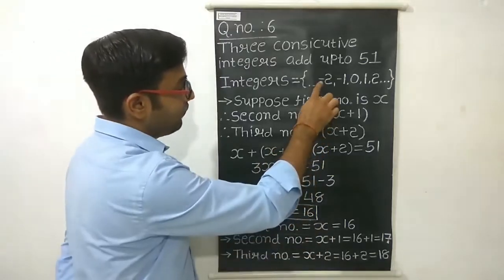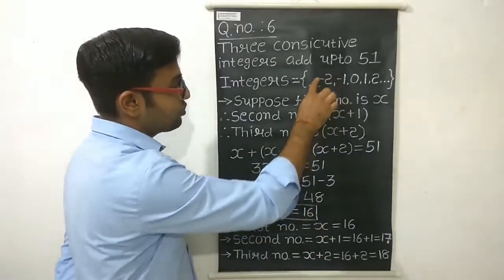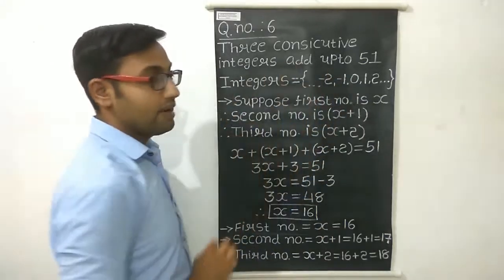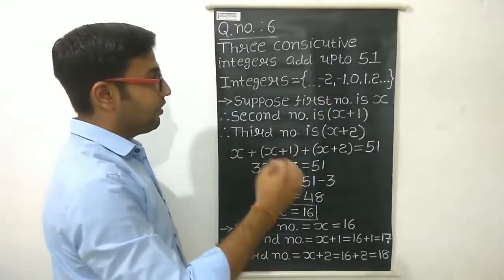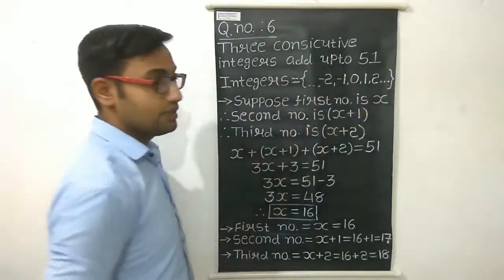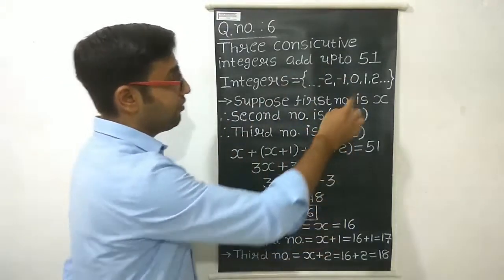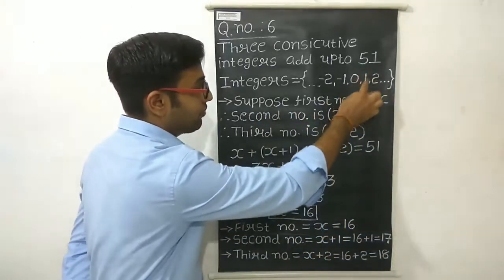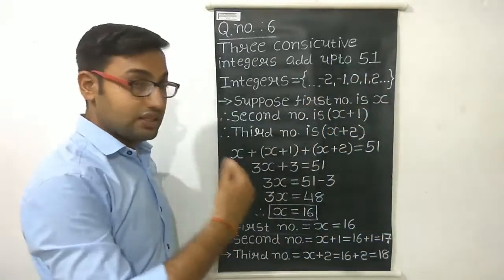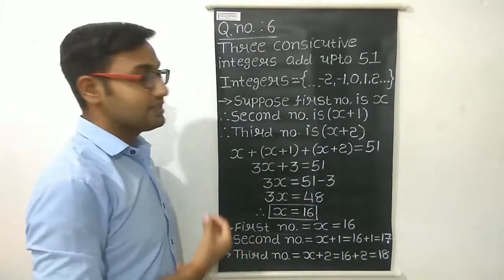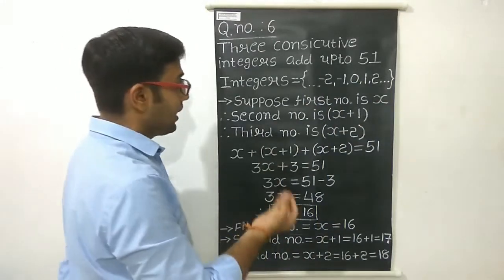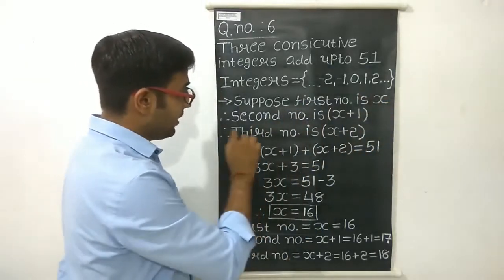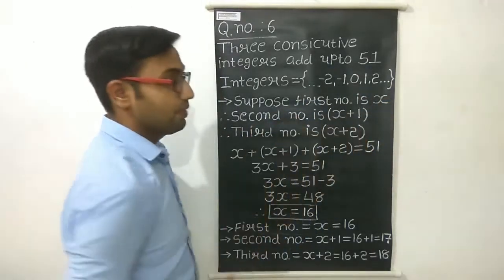That means if I add 1 to minus 2, we will get minus 1. If I add 1 to minus 1, I get 0. If we add 1 to 0, we will get 1. If we add 1 to this one, we will get 2. This means to find the second consecutive number, I have to add 1 to this x. So our second number will be x plus 1.